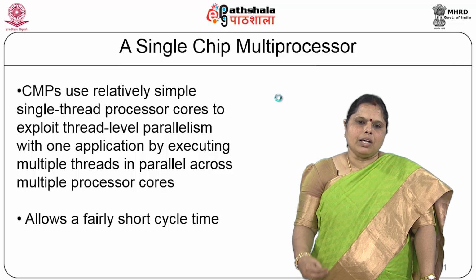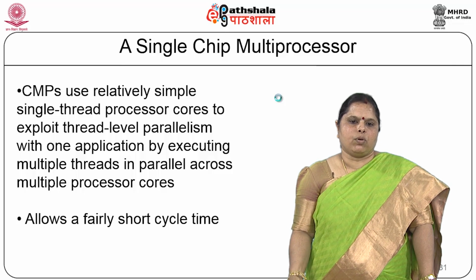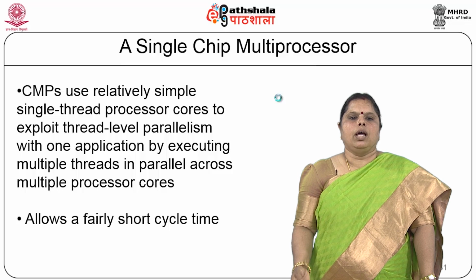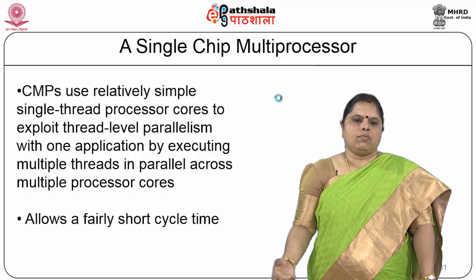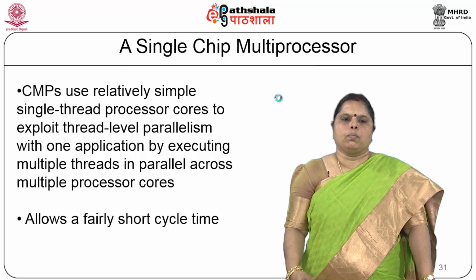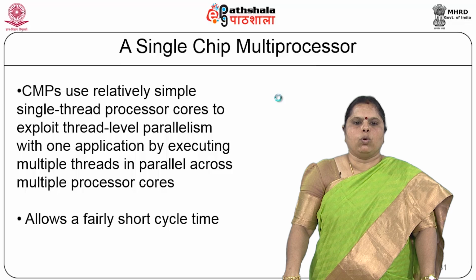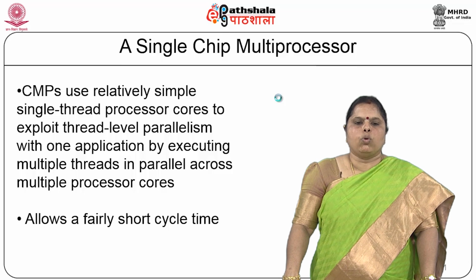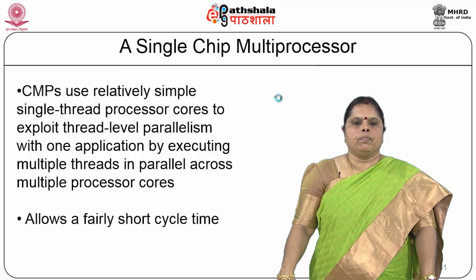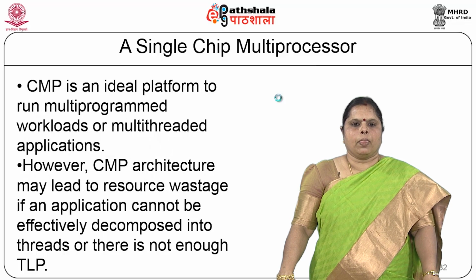Even if you have a single thread of execution, it is enough for every core, because even if you look at a quad-core processor with 4 cores and a single thread of execution, I can have 4 threads of execution run in parallel. But most of the processors support at least 2 threads of execution per core. So, that way in a quad-core processor, you will be able to execute 8 threads simultaneously. And it obviously allows a fairly short cycle time.